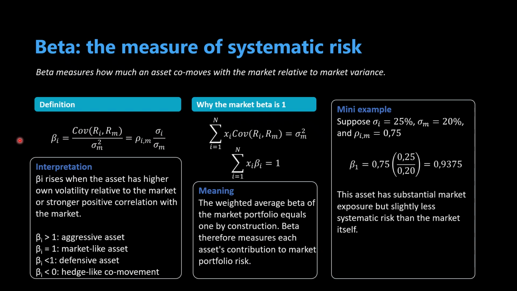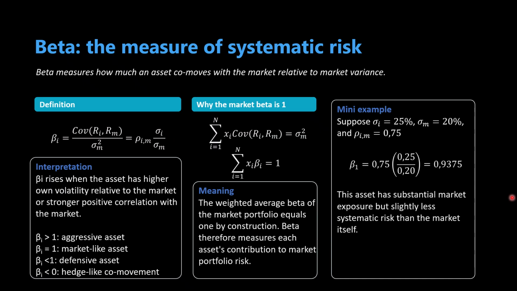Let's look at a mini example. Suppose an asset has a correlation of 0.75 with the market, a standard deviation of 25%, and the market has a standard deviation of 20%.